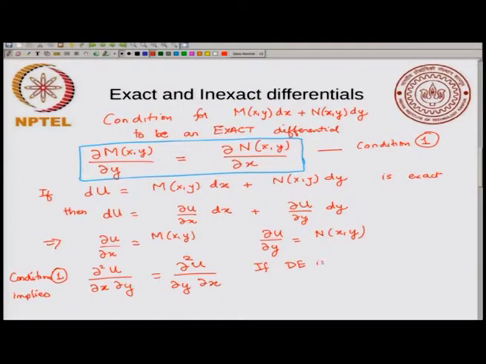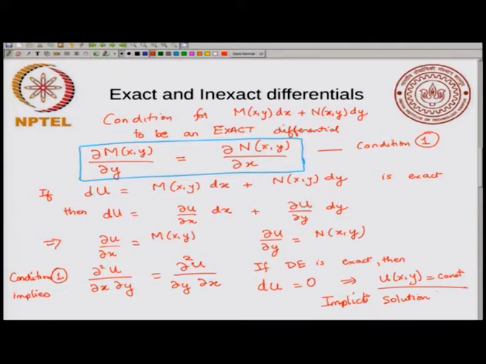If dE is exact, then you have these two conditions, ∂u/∂x equal to M. So, du equal to 0 implies u(x,y) equal to constant. This is your implicit solution.